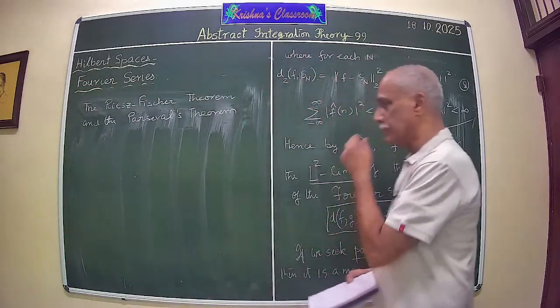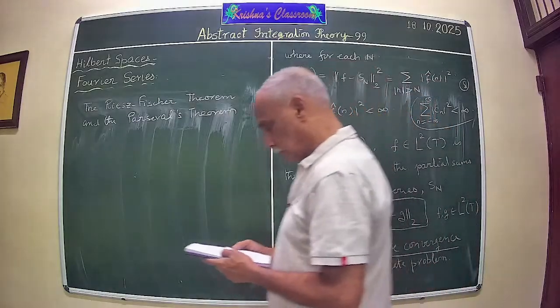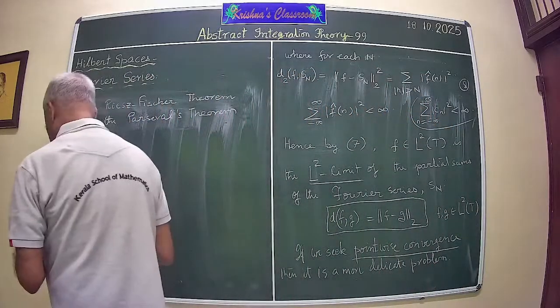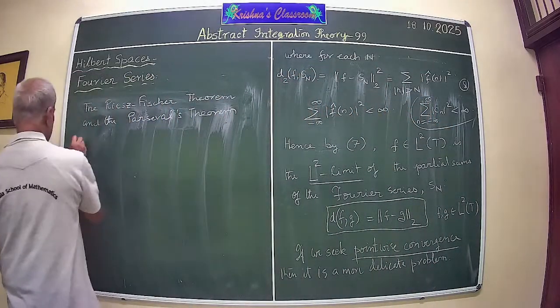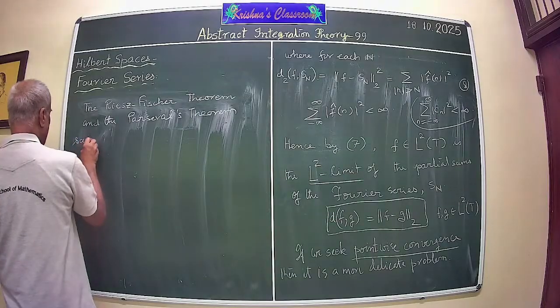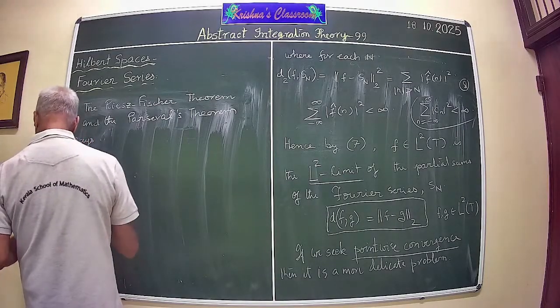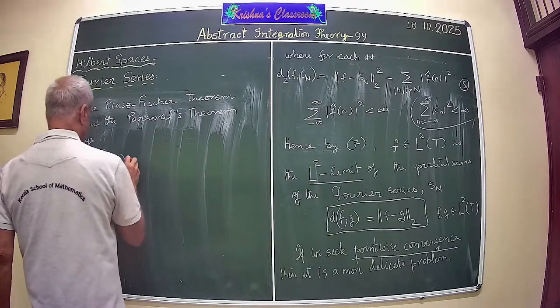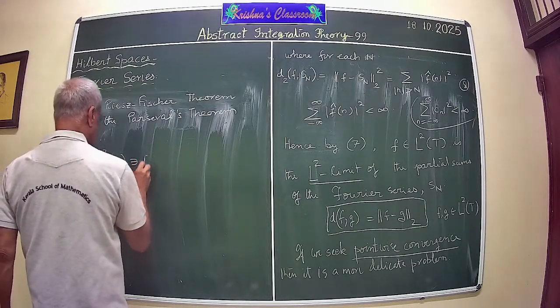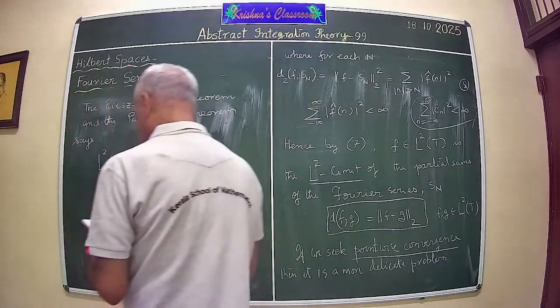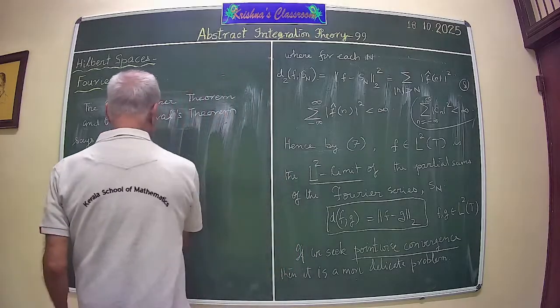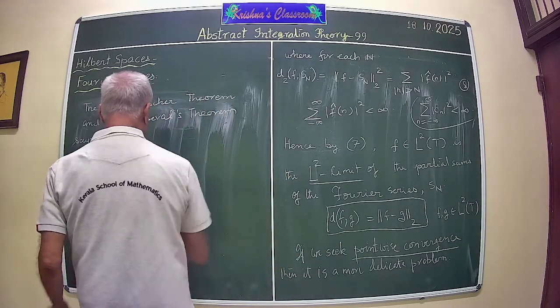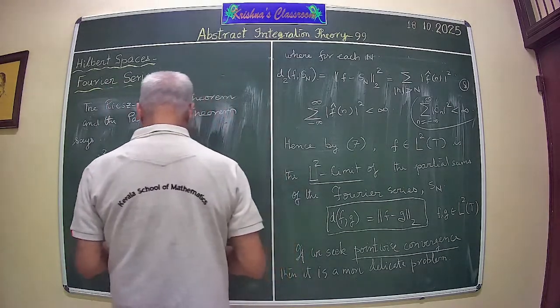The Parseval's theorem says, if you take L2(T) and then take an element f belonging to that, then this is put into one-to-one correspondence with f hat.